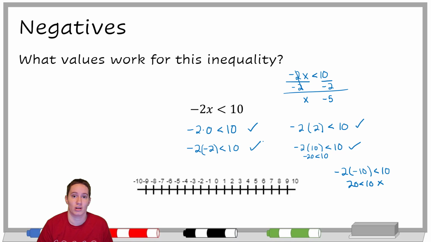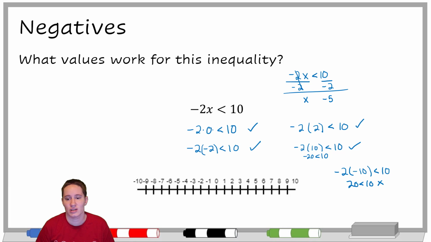Those are numbers that are greater than -5. What didn't work for us was -10. That gave us something that was not greater. So what that means is if you just drop this down and say less than, you haven't taken into account the negative that we divided by. We actually need to flip our inequality around. So this would change to x is greater than -5.